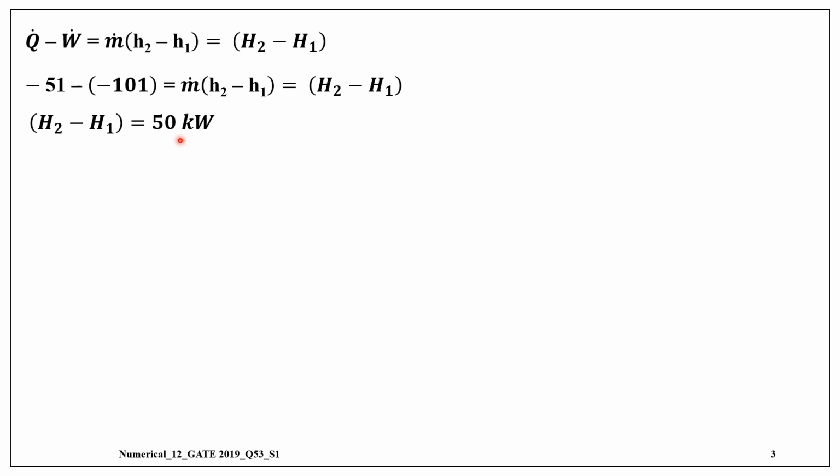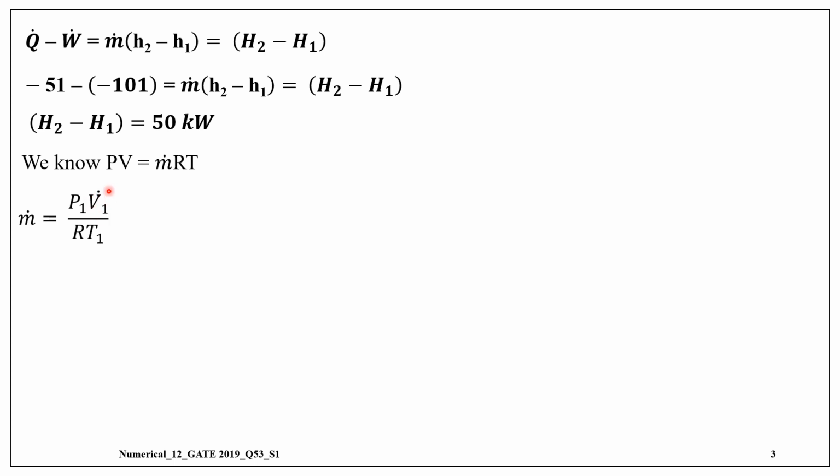To calculate m dot, we make use of ideal gas equation, which is PV equal to m dot RT. This can be rewritten as m dot is equal to P1 V1 dot over RT1. Here V dot is not shown. We need to use V dot because mass we need to calculate in rate form.